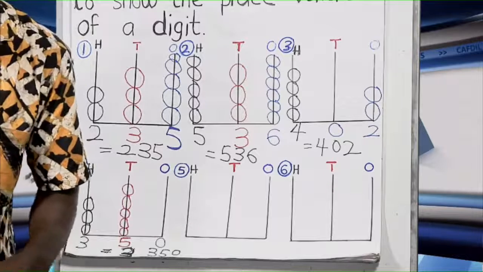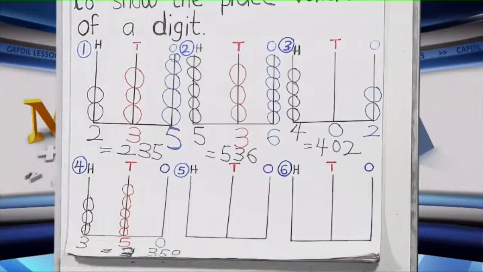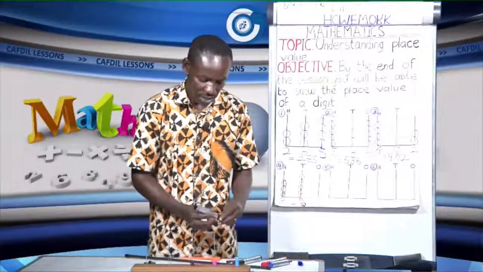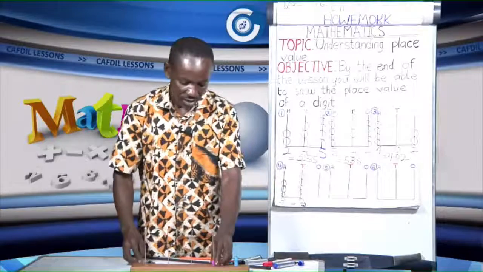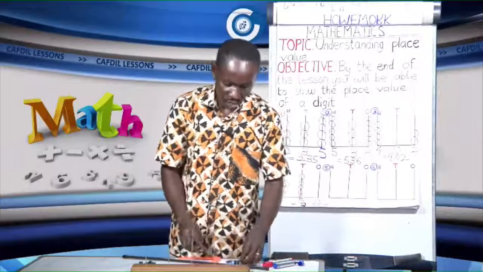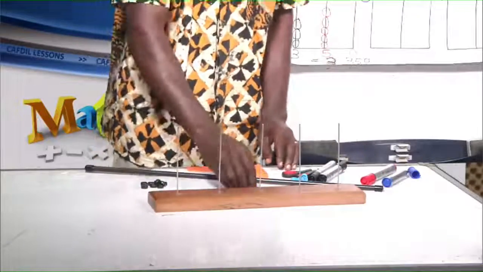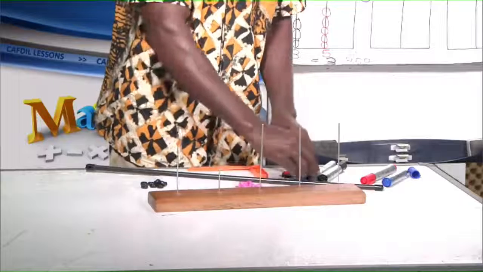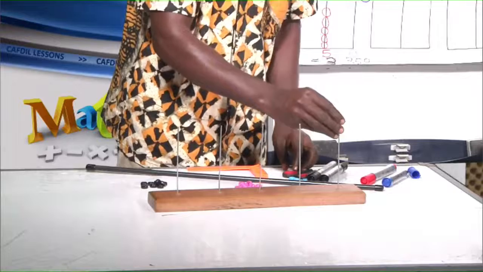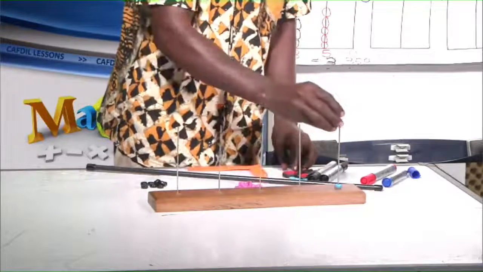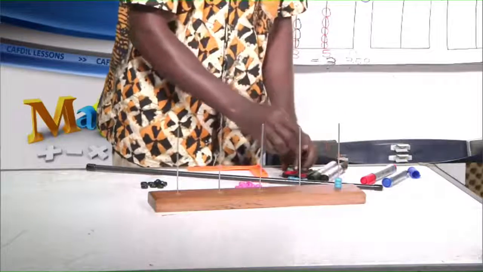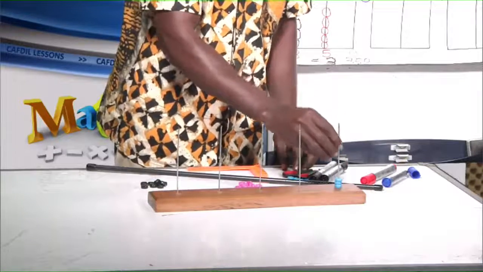Now, we can use the abacus to practice more. Then we can continue. Now, let's come back to our abacus. Now, when I put 4 beads here, 1, 2, 3, 4.